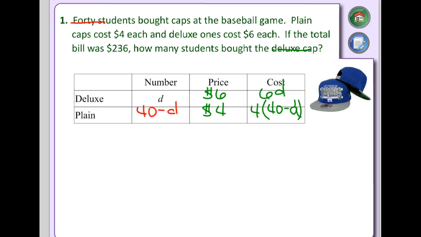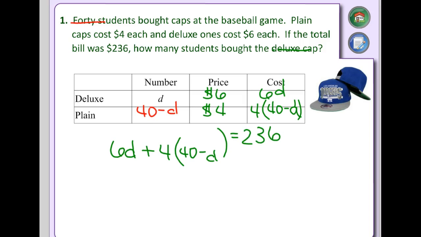If the total bill was $236, how many students bought deluxe hats? So total bill means deluxe hats, which was 6D, plus plain hats. We're going to take the total number of plain hats, 40 minus D, and the total cost for all those hats, $236.